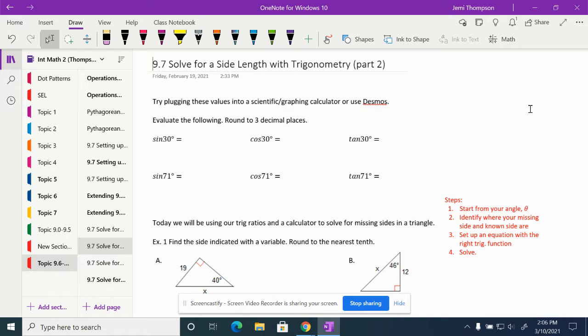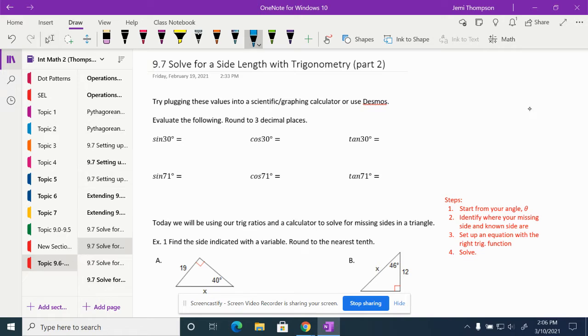There are two common modes when dealing with right triangles and trigonometry, and that is either degrees or radians. Now, radians probably sounds unfamiliar because you've never worked with them yet. When you go on into your next math class, it's very likely that you'll get into the discussion on what a radian is. Today, we'll be dealing with only degrees.